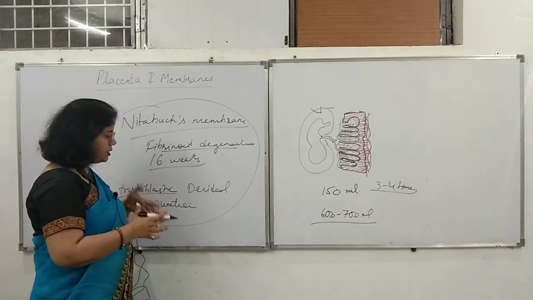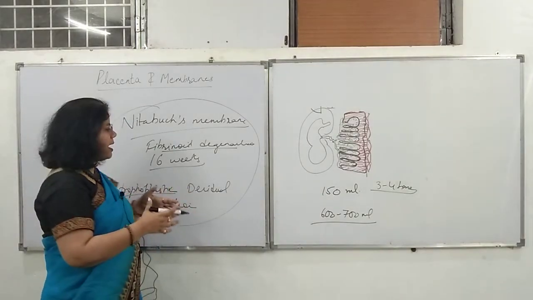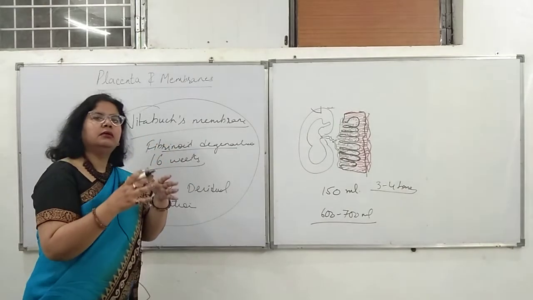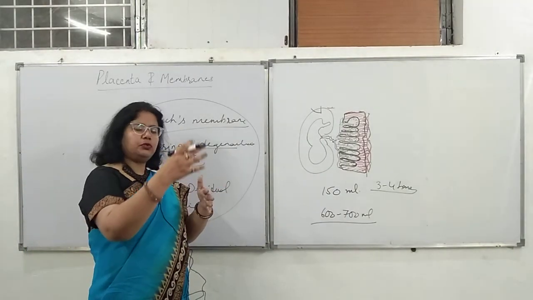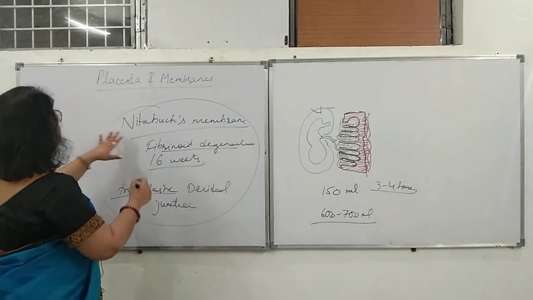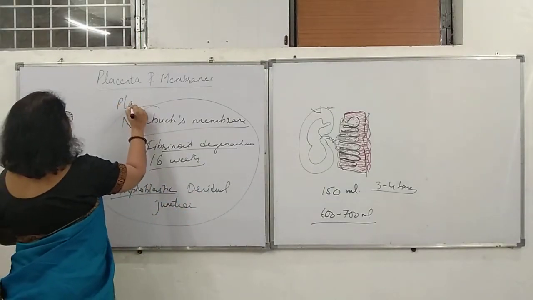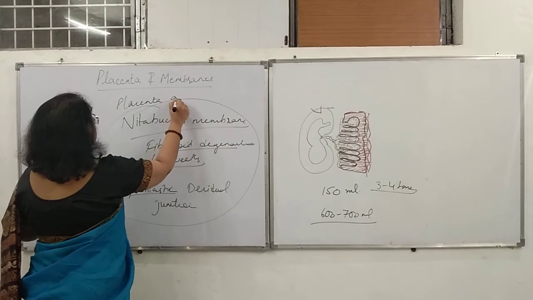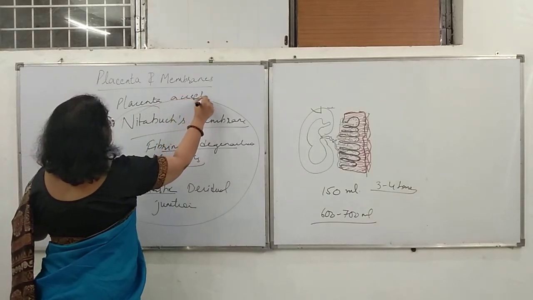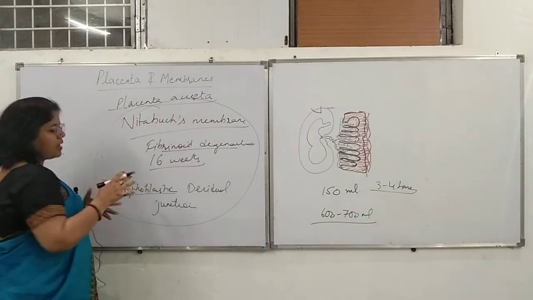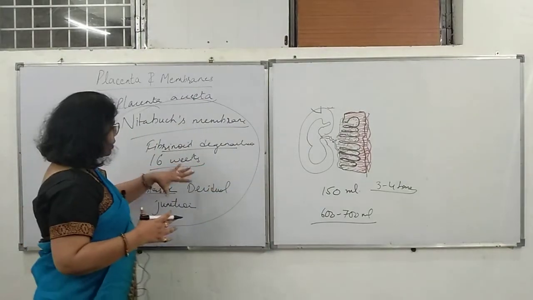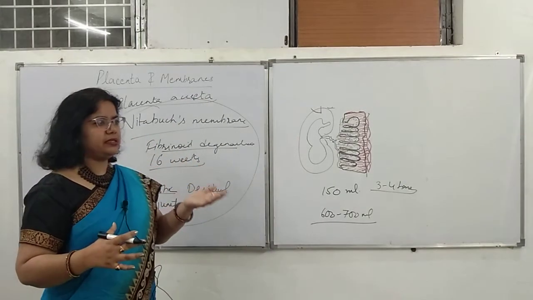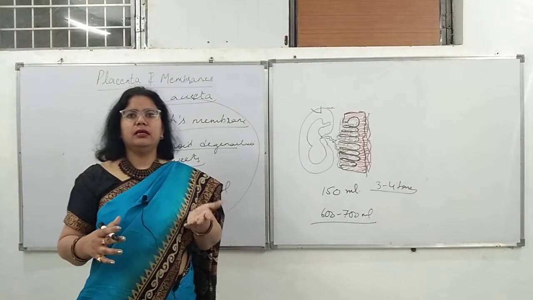The trophoblastic tissue continues invasion and it may reach up to the uterine wall, muscle, and even up to the surface. So this Nitabuch's membrane is absent in placenta accreta. Why do some placentas just not stop normally, so that we see placenta accreta cases?